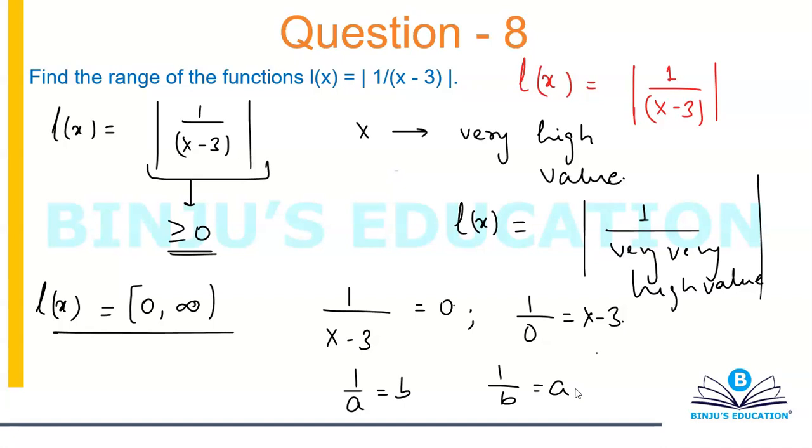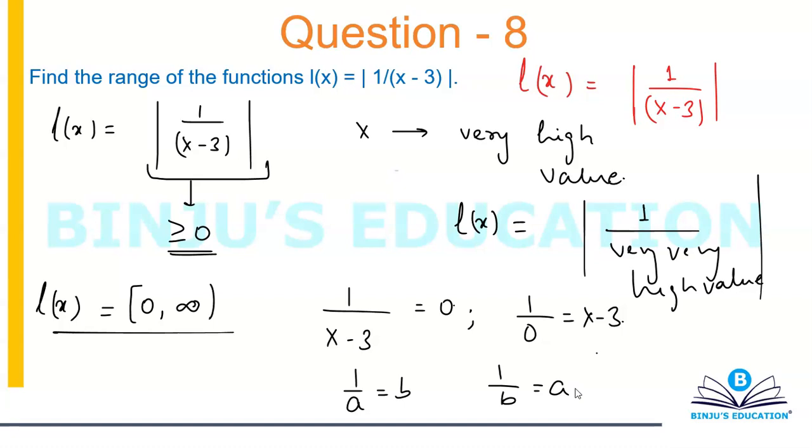The bottom line is that when you take a very, very high value of x, 1 over x minus 3 will definitely approach 0. But will it be exactly equal to 0? No, we can't say that. You may have a million zeros after the decimal, or even 25 zeros and then at the 26th position you may have 1, but that is still not equal to 0.